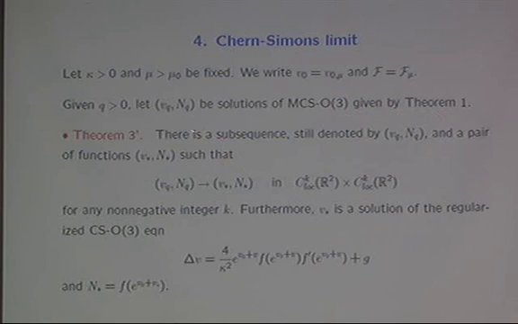Then we can extract a subsequence converging to V star and N star. Here V star is a solution of the regularized Chern-Simons equation, and N star satisfies this one.